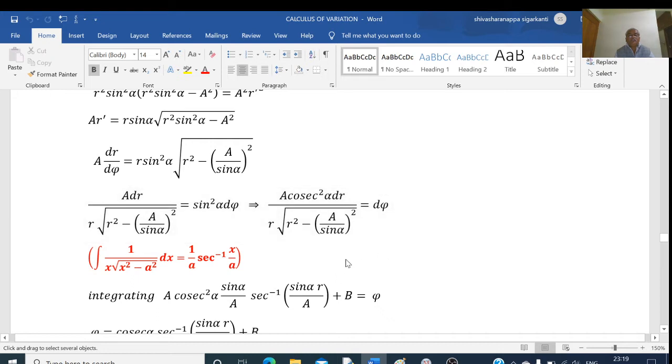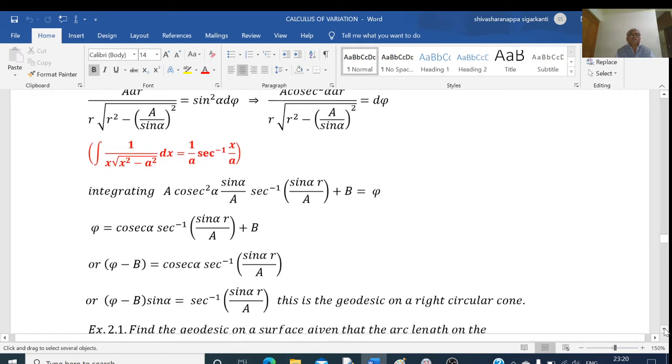Now integrating this, I will get a cosecant square alpha as it is. 1 by a means 1 by a by sin alpha, so that means sin alpha by a into secant inverse of x by a. x is r, and a is a by sin alpha, so I will write that sin alpha in the numerator. Plus the constant of integration, I am writing on the left hand side itself, plus b, is equal to, on the right hand side, d phi integration is phi.